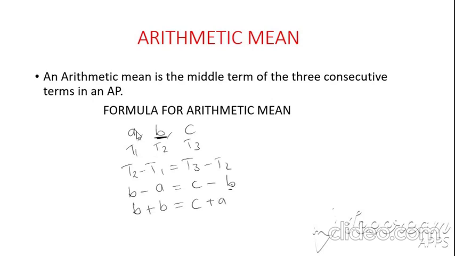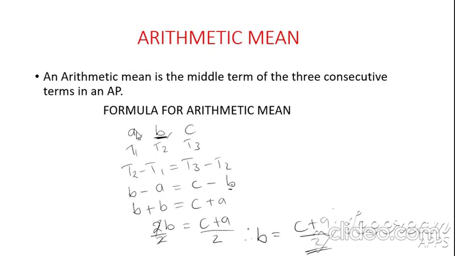And then what is B plus B? That's 2B is equal to C plus A. Our aim is to remain with B, which is the arithmetic mean. So we're going to divide both sides by 2. We cancel. Therefore, our arithmetic mean will be C plus A over 2.